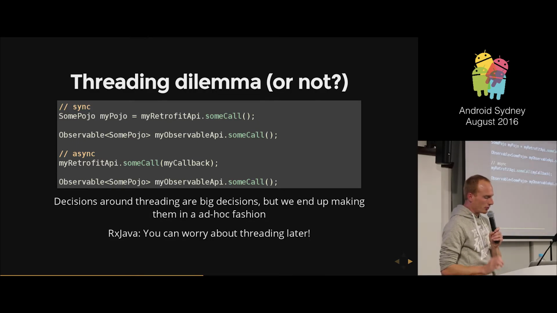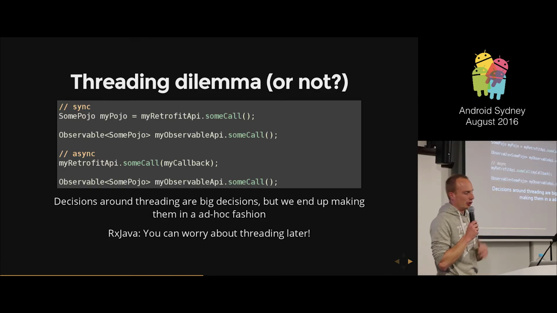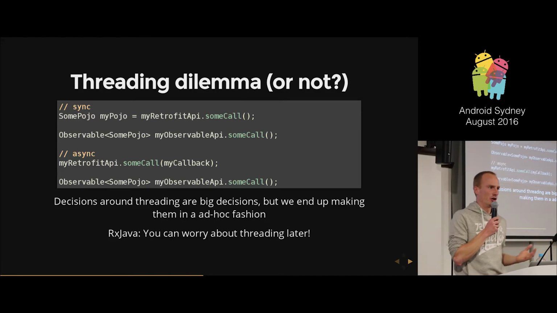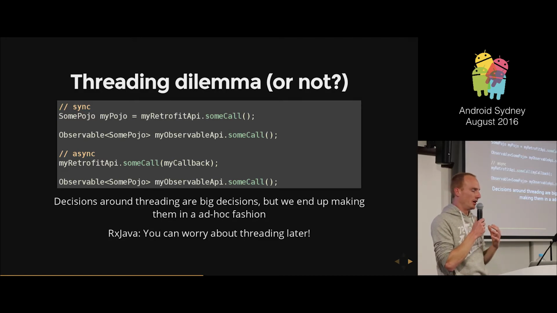And the useful part of that is that you saw previously that we can apply the threading logic through an operator. So the main benefit here is that normally when you code something, you make all these decisions around threading as you go. And these are major architectural decisions in your app.